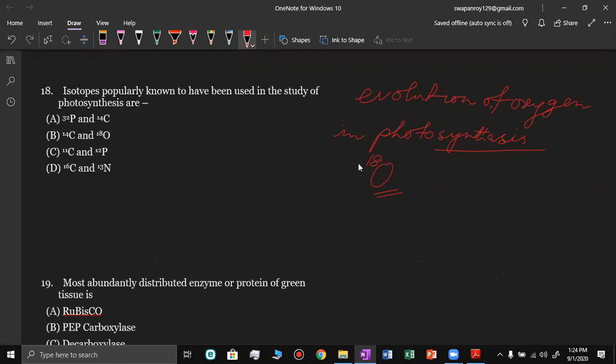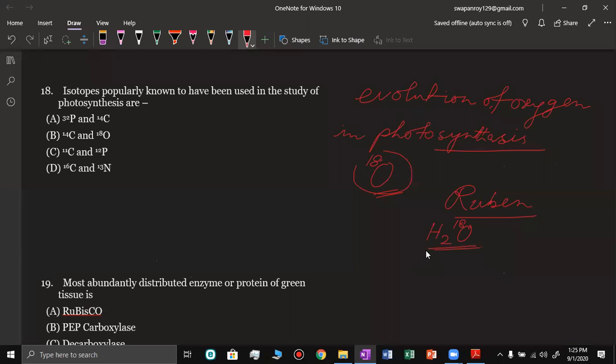Heavy oxygen: one physiologist, Ruben, and his associate used water having the heavy isotope of oxygen and proved that the oxygen which is released in photosynthesis comes from the water, not from carbon dioxide.